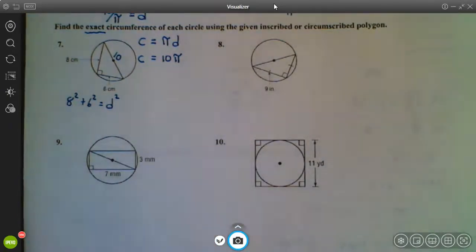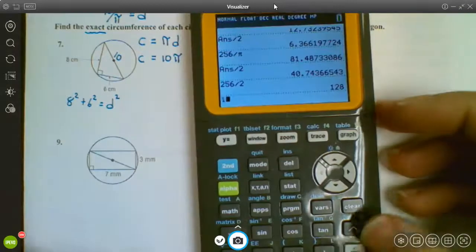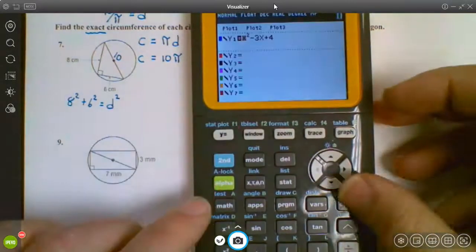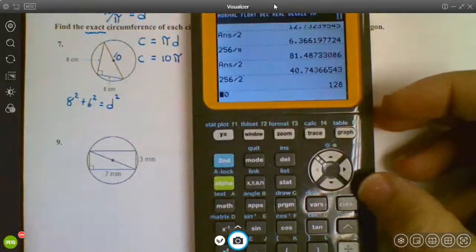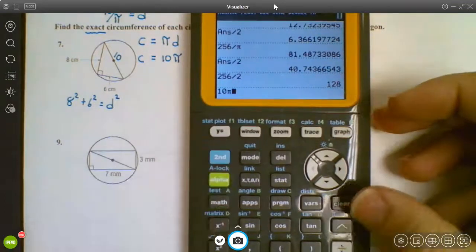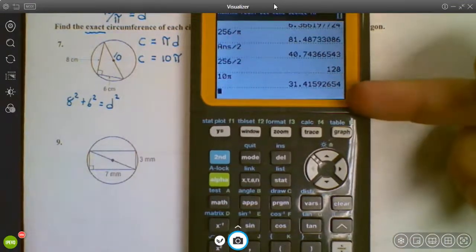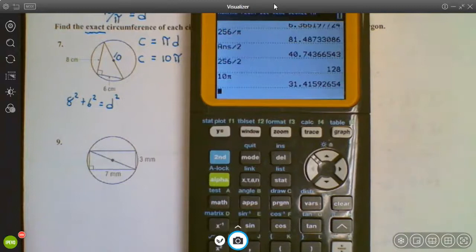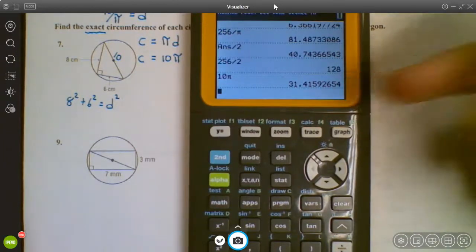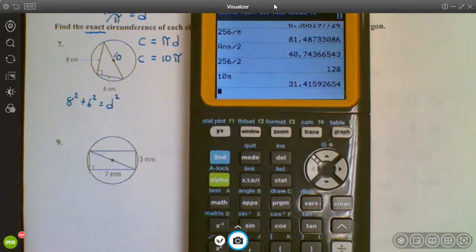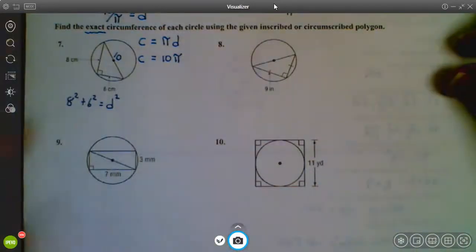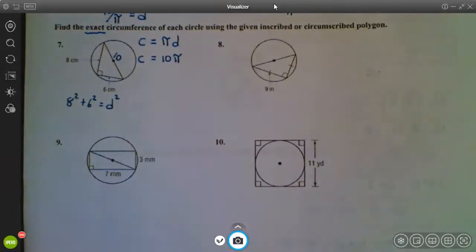If I type 10 pi into a calculator, I can't write that as my answer because it would be rounded. It would no longer be exact. Even if you write every number on the screen, it's still a rounded number, right? Those numbers go on forever. This is just as much as my calculator is able to show us, but it's still not exact. So when they say exact, that means leave it in terms of pi.